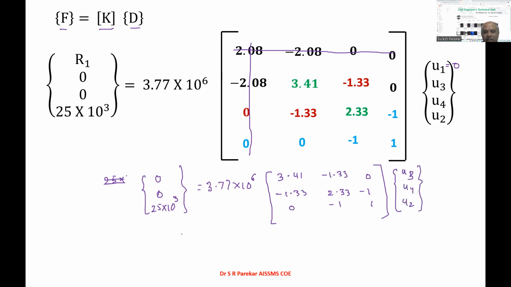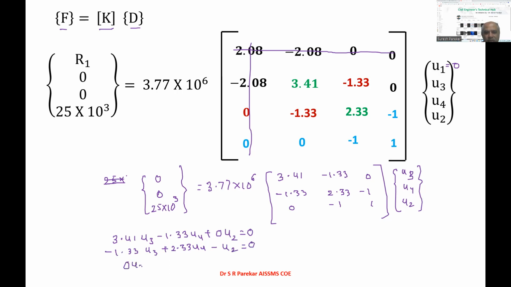Now we can frame the equation also: 3.41 U3 minus 1.33 U4 plus 0 U2 equal to 0. Then minus 1.33 U3 plus 2.33 U4 minus U2 equal to 0.